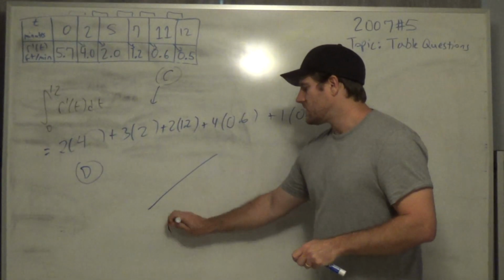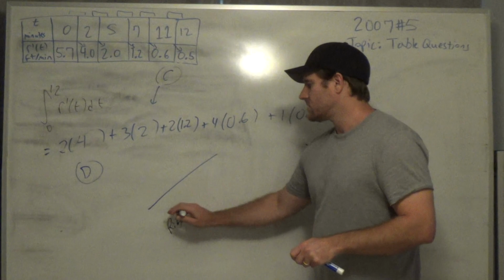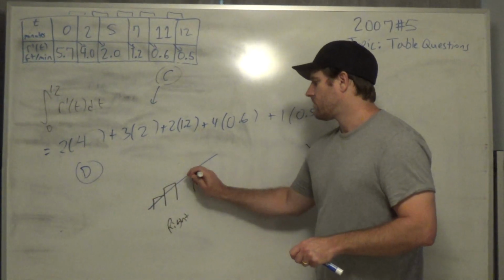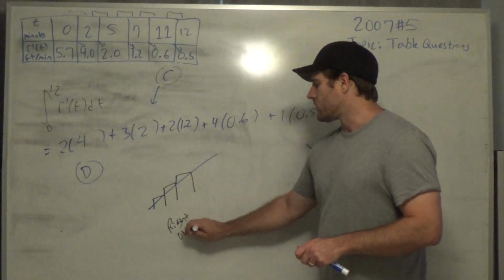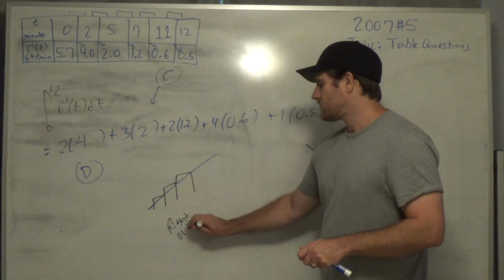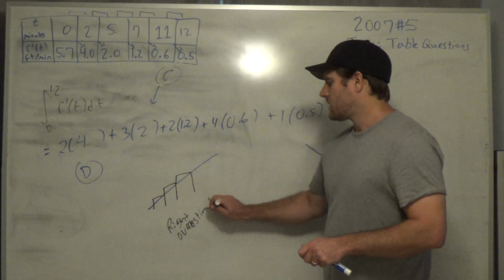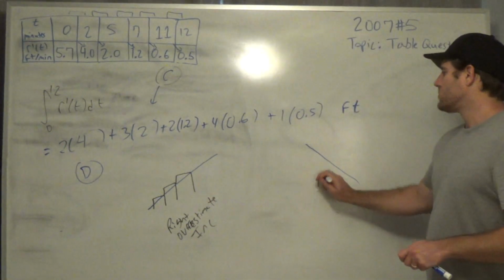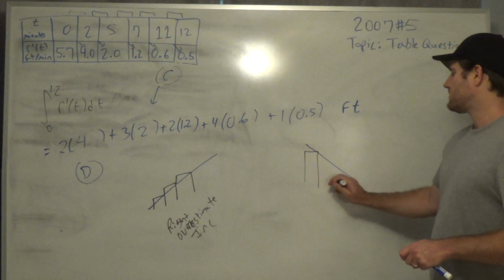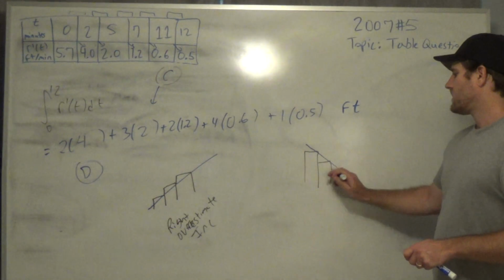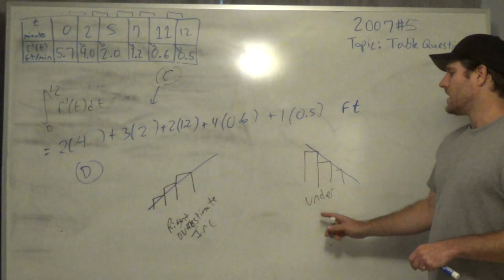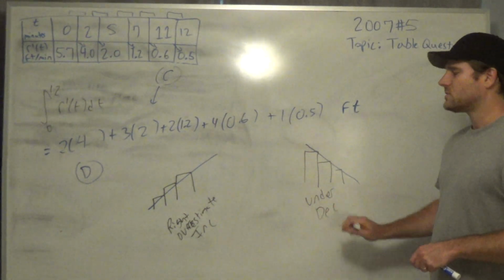If you are using right-hand rectangles, it's an overestimate if the graph is increasing. And if you're doing a right-hand rectangle, it's an underestimate if the graph is decreasing.